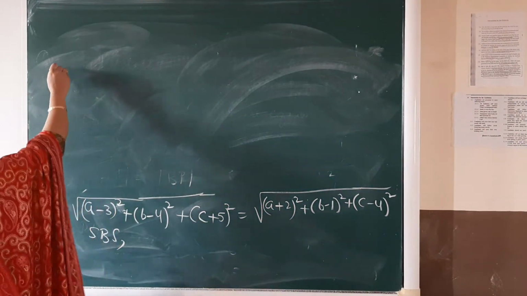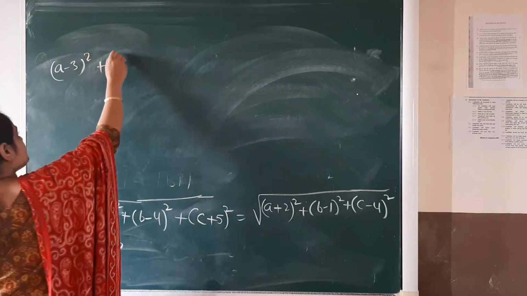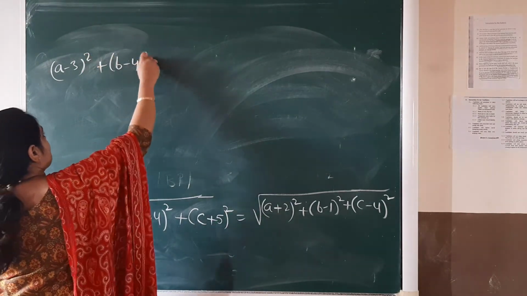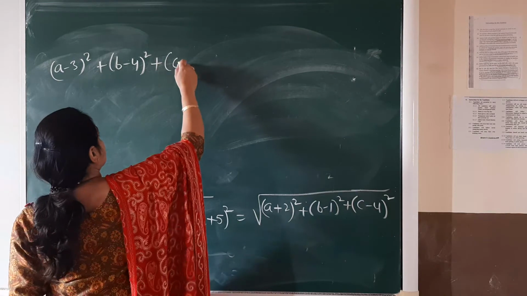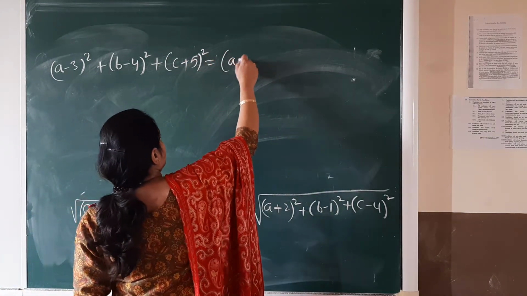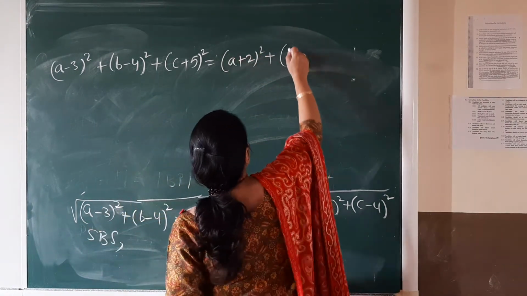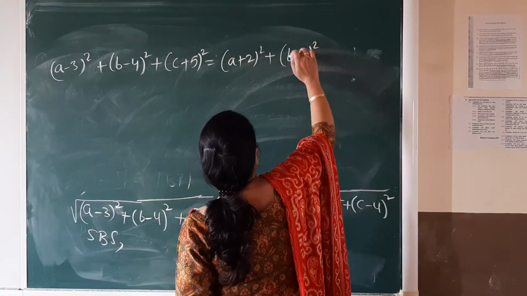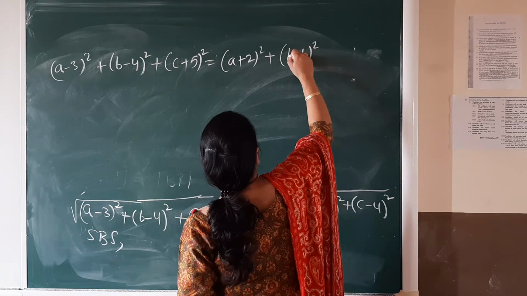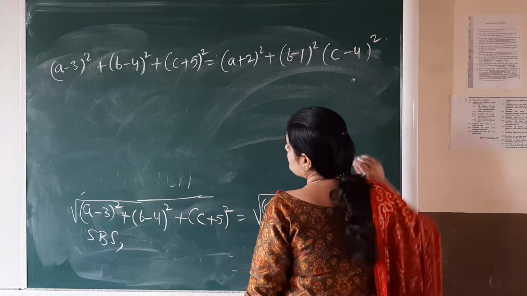After squaring both sides, we have a minus 3 whole square plus b minus 4 whole square plus c plus 5 whole square equals a plus 2 whole square plus b minus 1 whole square plus c minus 4 whole square.